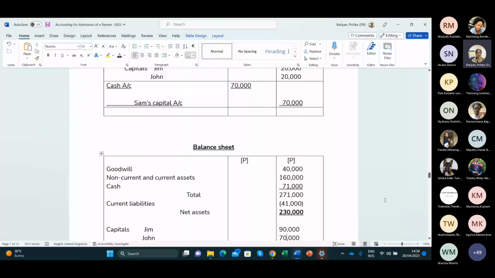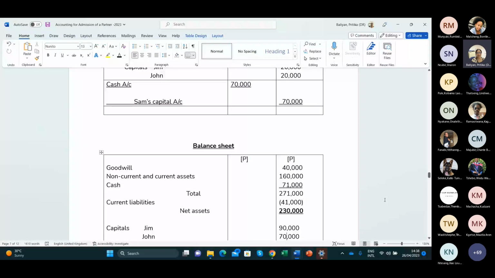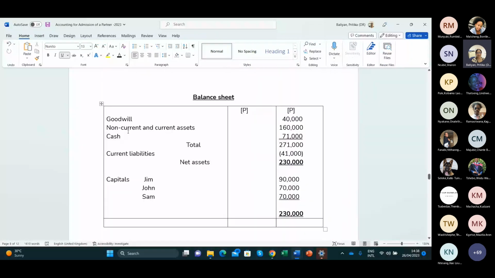When we prepare the balance sheet, it only shows the changes in the cash, because when the new partner brings the capital or the premium of goodwill as cash, it changes the cash or bank amount, and it also changes the proportion of each partner's contribution. That's how the change comes into the new balance sheet.